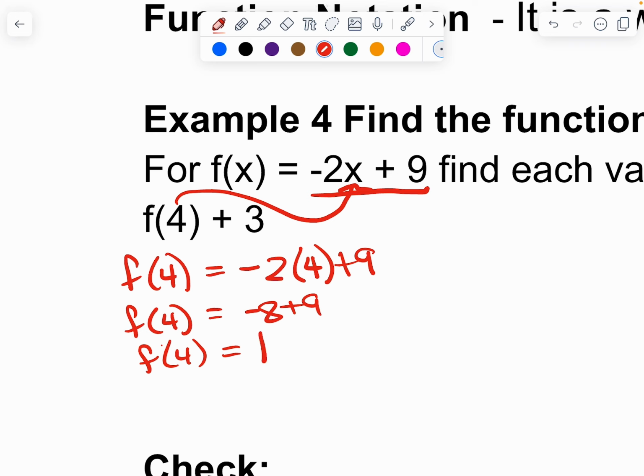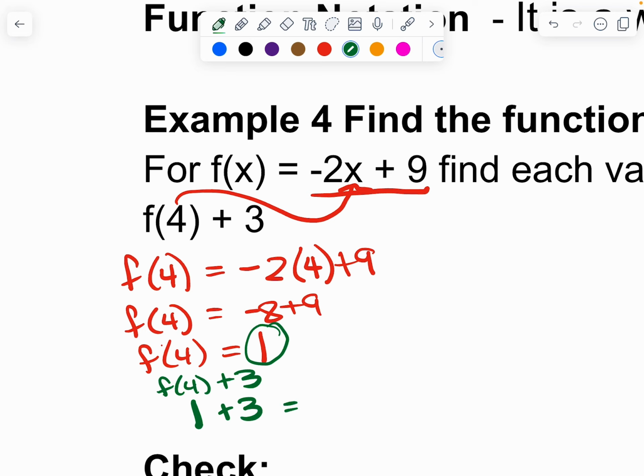Now, it's not actually asking you for what f of 4 is. If you notice, it's asking you what f of 4 plus 3 is. So, what we have to do is take f of 4 and add 3. We just found that f of 4 is this number right here, so I'm going to replace it.